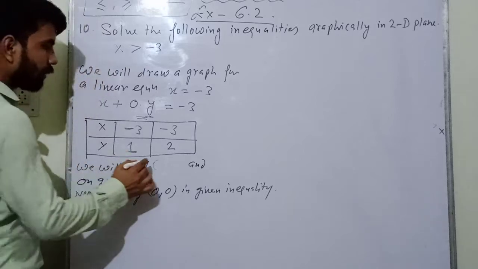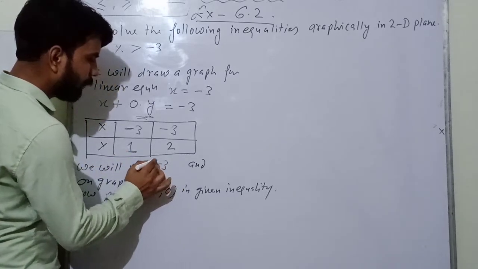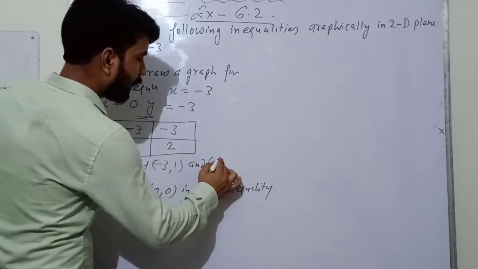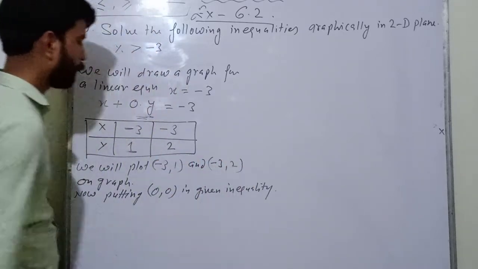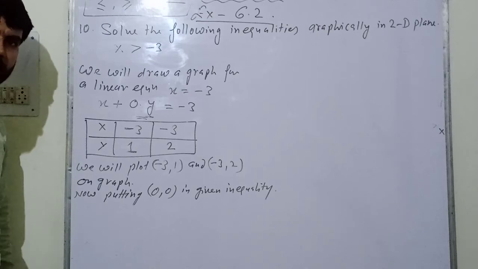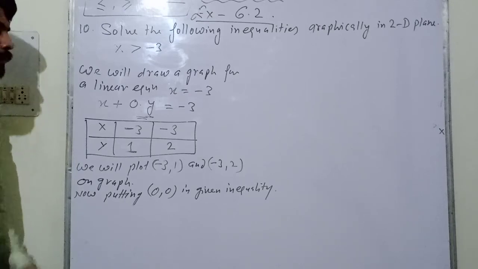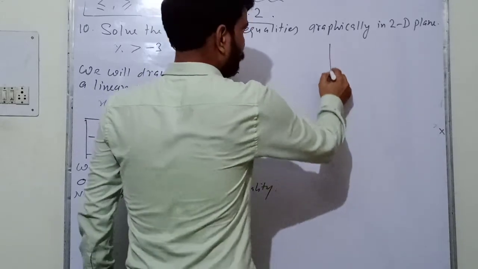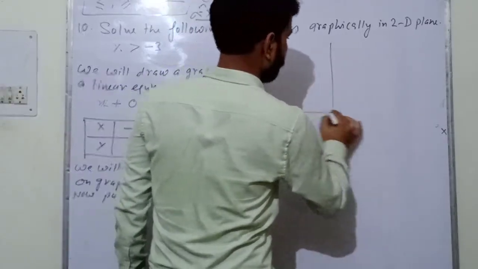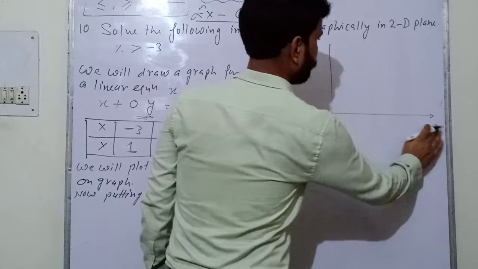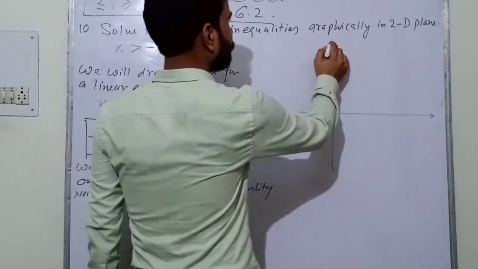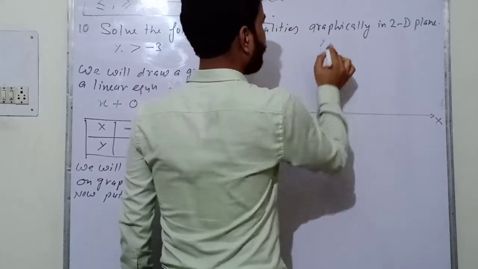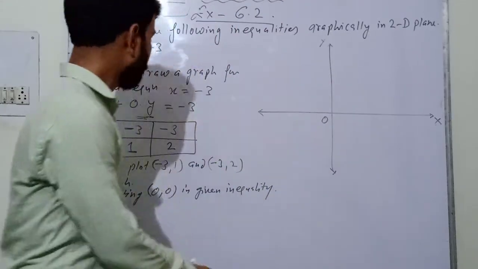So here there are 2 points. We will plot them. The first point is (-3, 1) and the second point is (-3, 2). Clear? Any confusion? Okay, now we will plot the graph. These are the coordinate axes, x-axis, y-axis, and this is the origin.